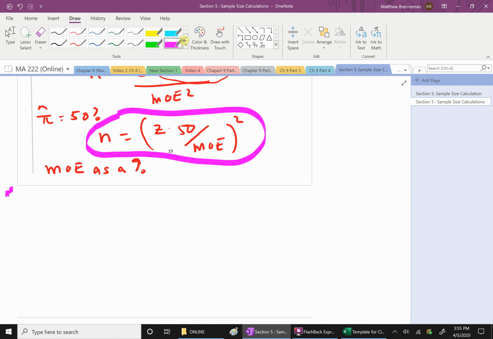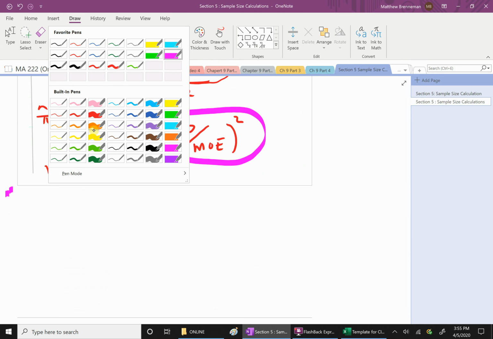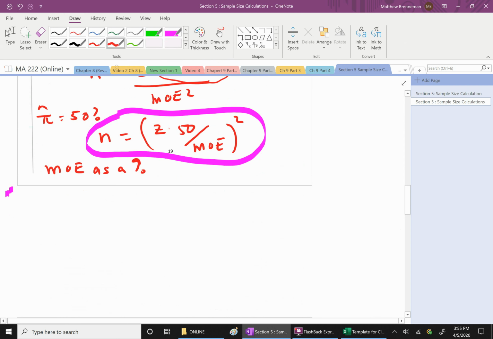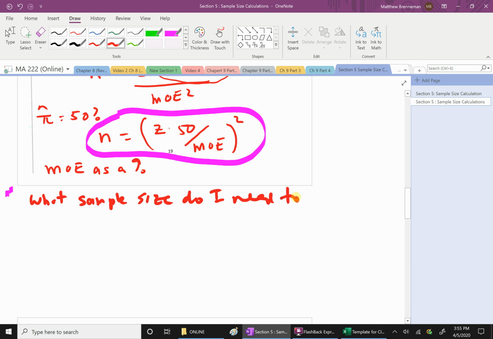So let's ask the following question: what sample size do I need to get a margin of error of 2% for a 95% confidence interval?